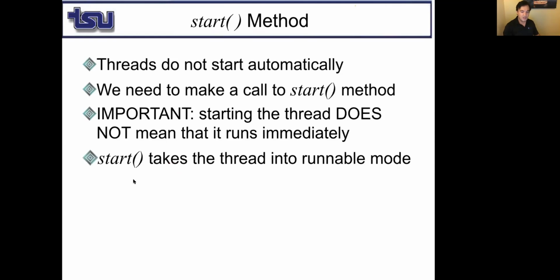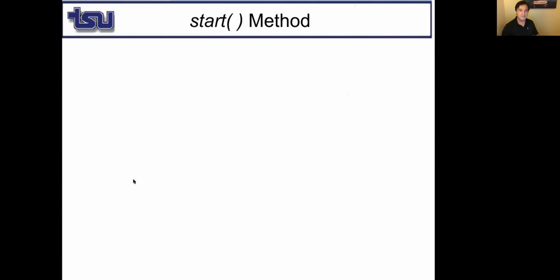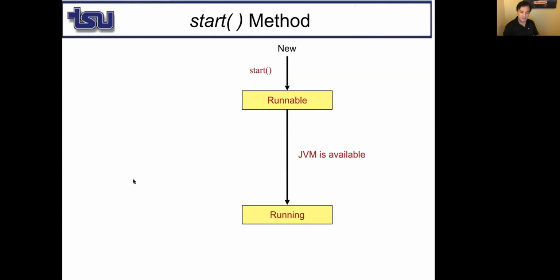Start takes the thread into runnable mode. If JVM, Java Virtual Machine, is busy, even if you are in the runnable mode, you're not going to be running immediately. Here is the start method. When you have a new thread, you make a call to start, you go to runnable mode. Runnable mode, and if Java Virtual Machine is available, you go to running mode. Running mode means making a call to the run method.